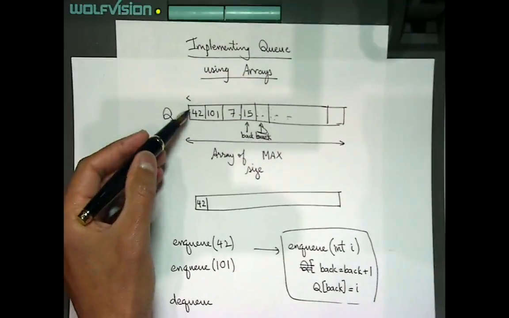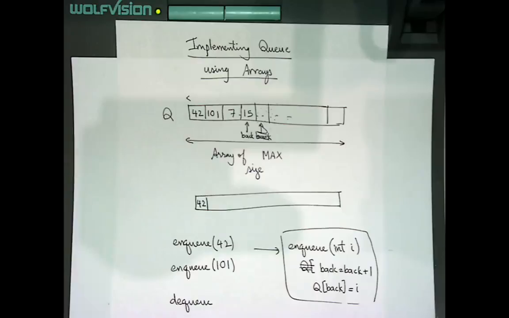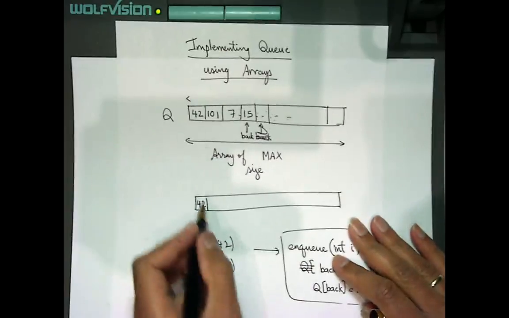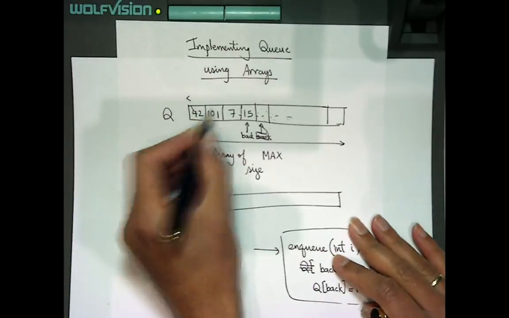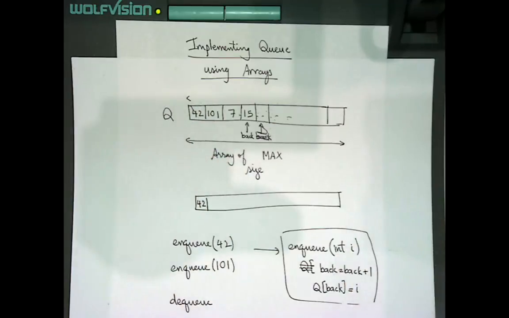DQ has to remove 42, and then it would shift everything back. You would delete 42 by removing this, and take all of this and move it one step in that direction, to the left.